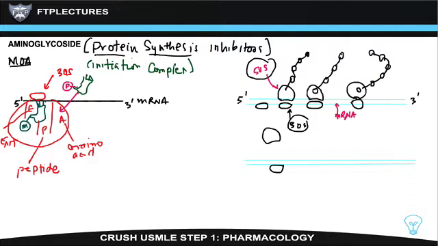Now, once the initiation complex is formed, the next step is called the elongation stage. And elongation simply means that the 50S subunit, which I forgot to label here, and the 30S subunit form the complex, and they will elongate by moving along this messenger RNA, okay?